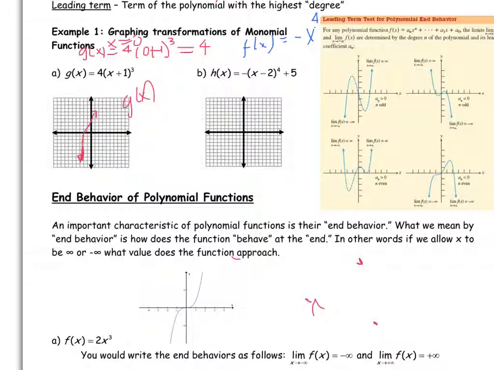Now, negative x to the fourth is a monomial. It's supposed to open down. Since it's to the fourth degree, my two ends are going to go down, down. I'm going to explain that in just a minute, when I go over the leading term test for polynomial end behavior, but I kind of want to approach this one as a transformation or translation of the monomial.